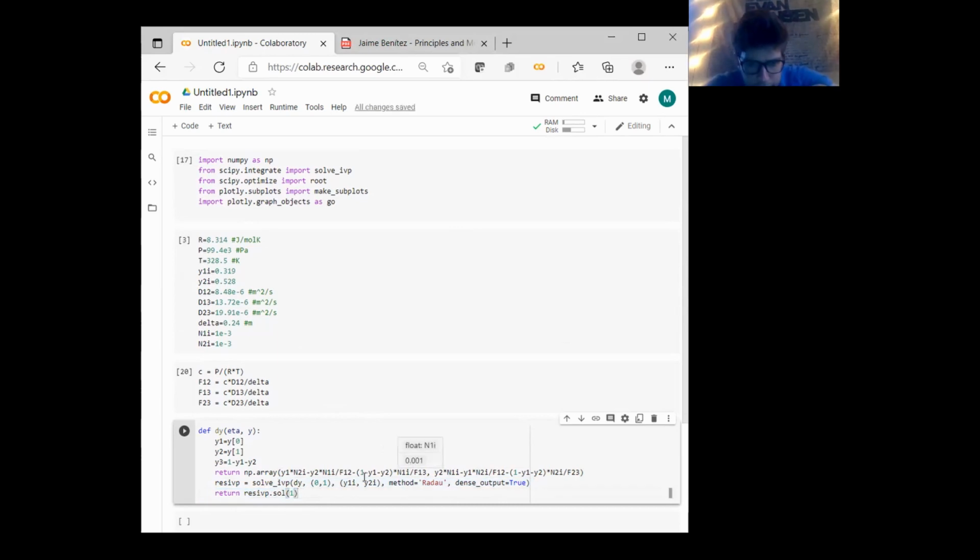Solve one. Okay, so what we're going to do is we know that this is initial. I don't think these are supposed to be initial. Okay.